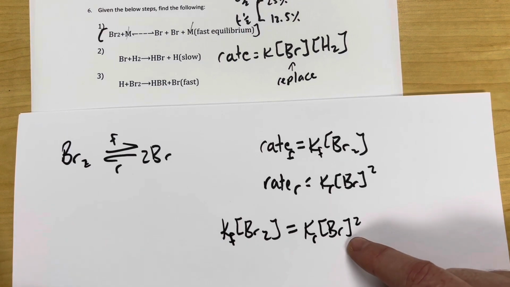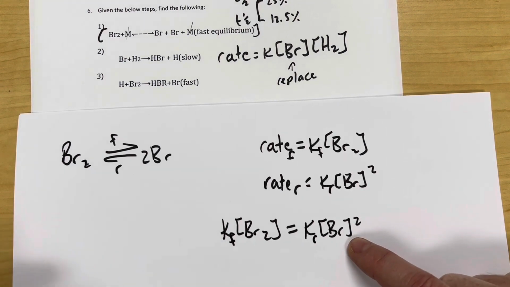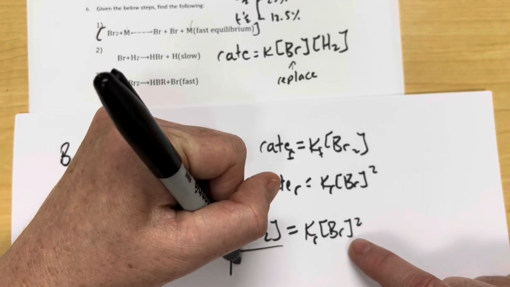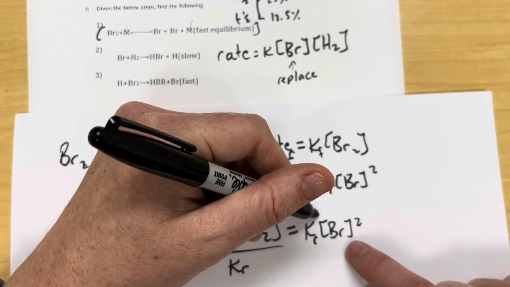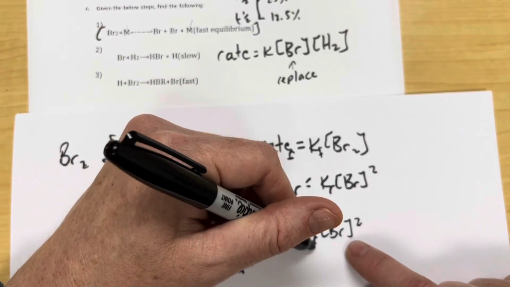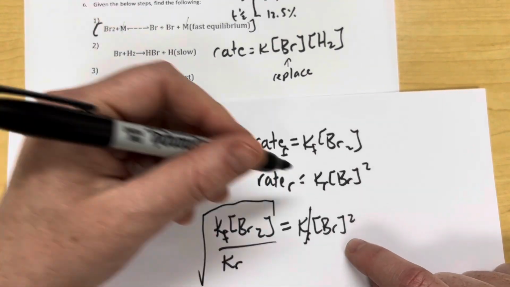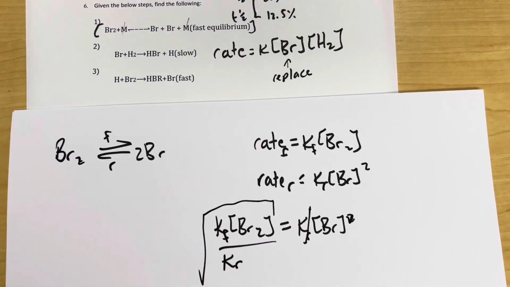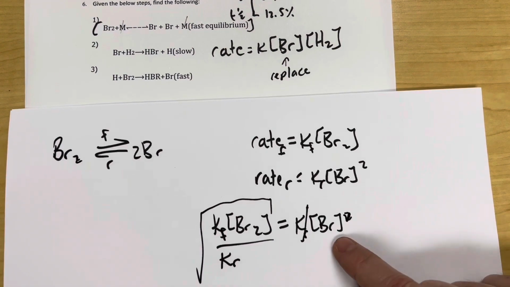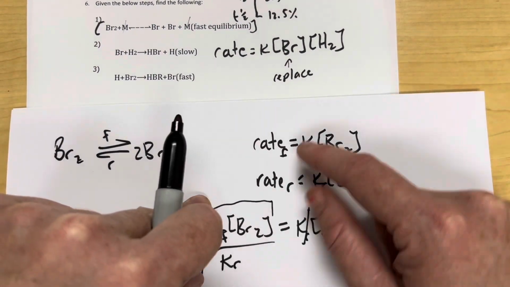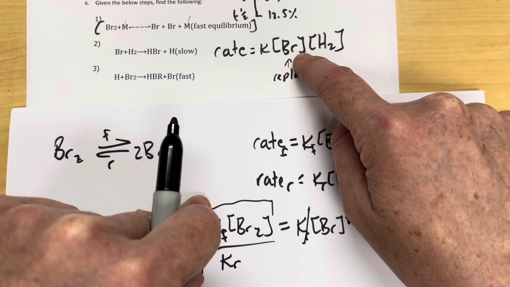Okay, so we want to get Br all alone. In order to get Br alone, we're going to divide by the K reverse on both sides. And then we have to take the square root of it to get rid of that square. Now we have Br alone. Now we can take this and replace that sucker in there.